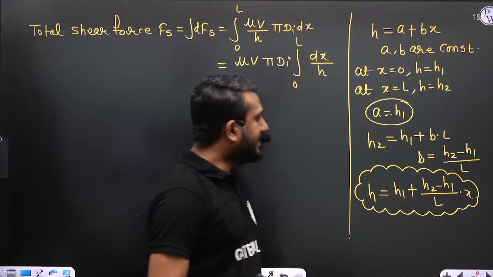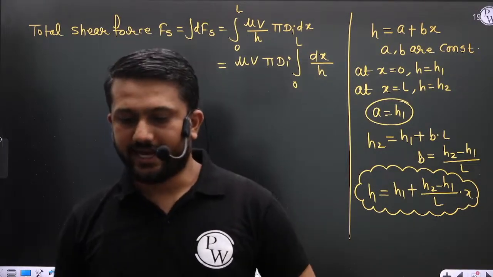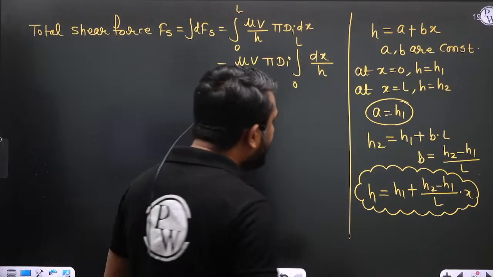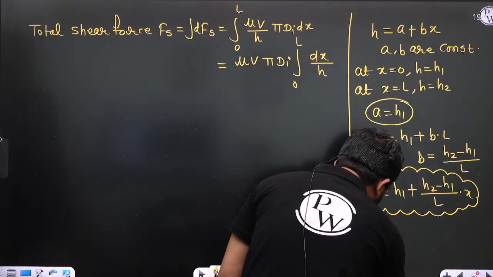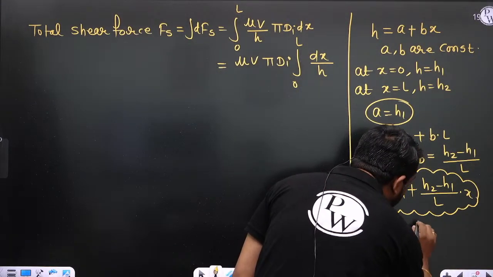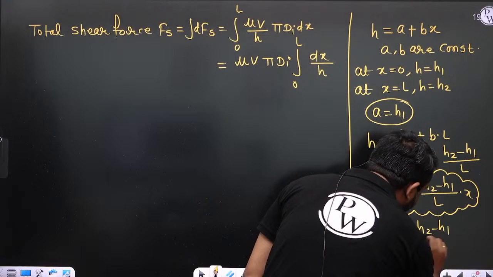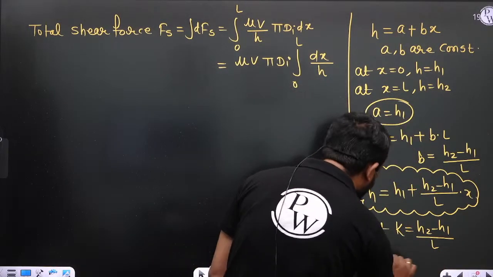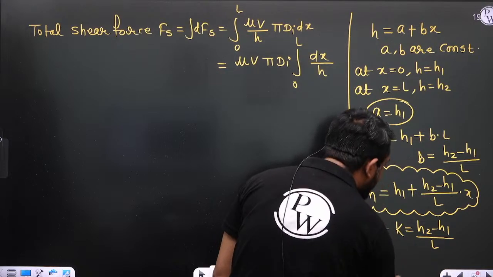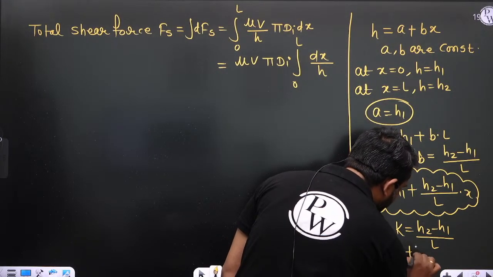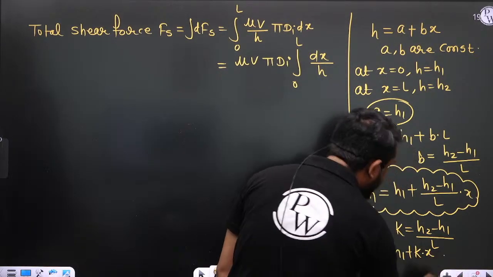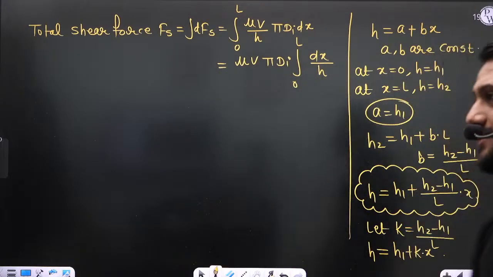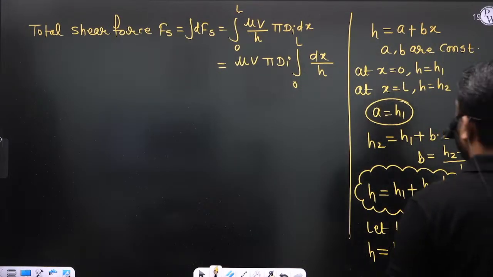Or we can say, let k be equal to (h2 minus h1) divided by L. So h is equal to h1 plus kx, where k is (h2 minus h1) by L.